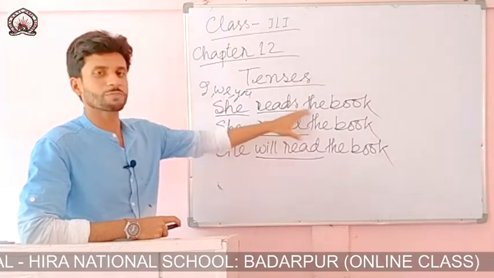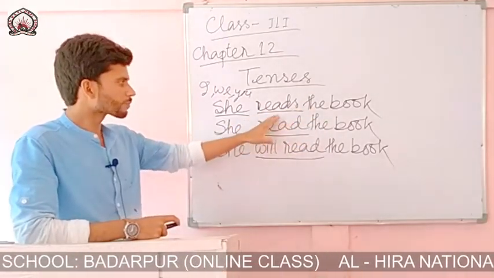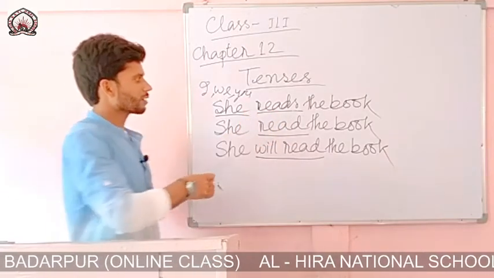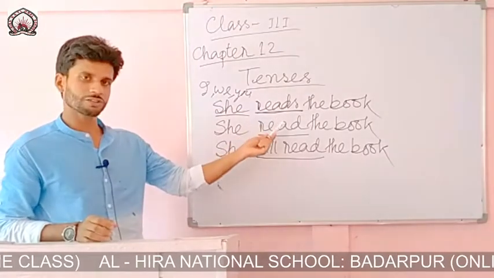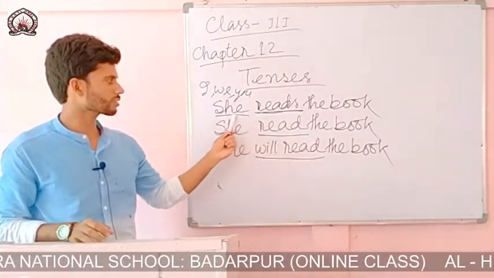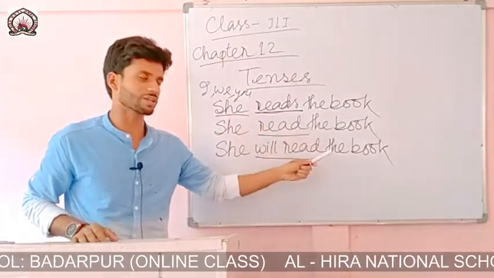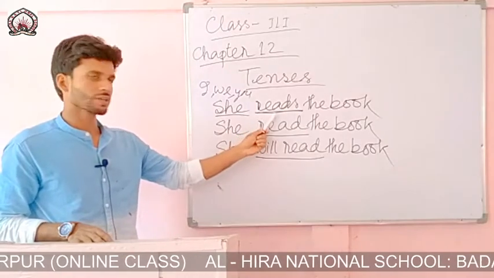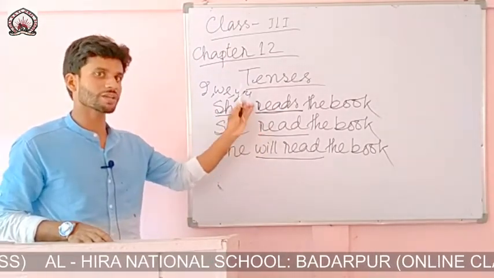So this sentence is in present tense. The first sentence is in present tense, simple present. This one, read, is in its original form, the present form, and s is there because the subject is third person singular. In present indefinite tense, whenever the subject is third person singular, what happens?